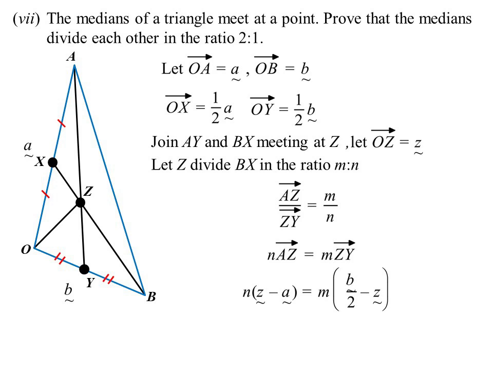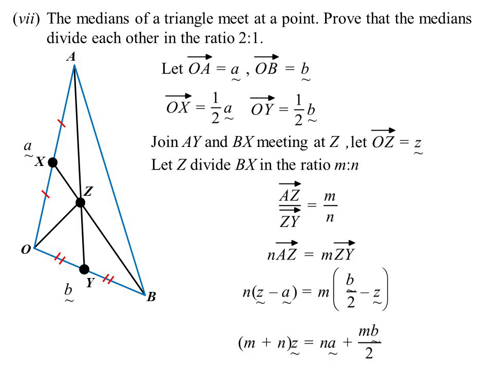I'll substitute in head minus tail, but of course Y I know is half of OB, so it's a half of the vector B, so I've substituted that in. Z is what we're playing with, we want to find that. So n plus nz is equal to na plus mb on 2.